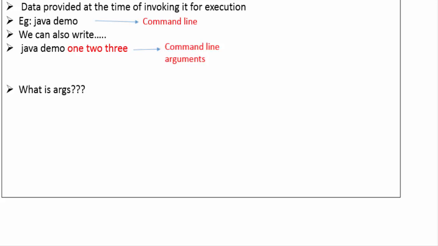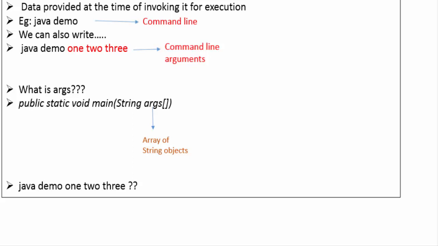What is args, by the way? We had seen that whenever we write the main method, we write it as public static void main(String[] args). So args is an array of String objects. This array of String objects consists of nothing but the command line arguments that we had provided to the program while invoking it for execution.